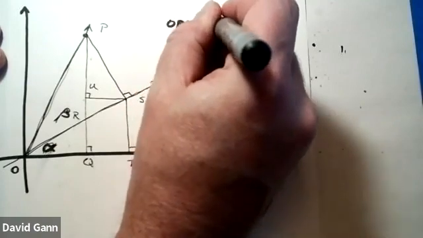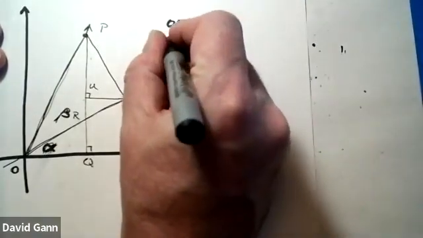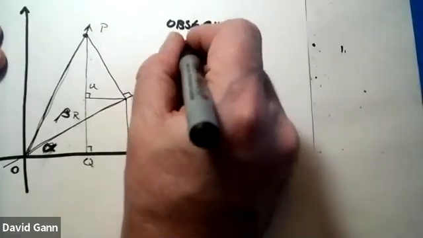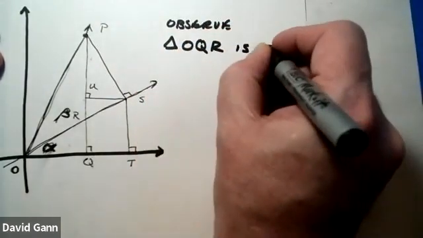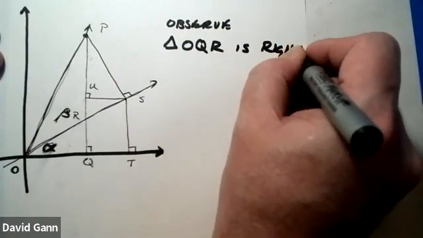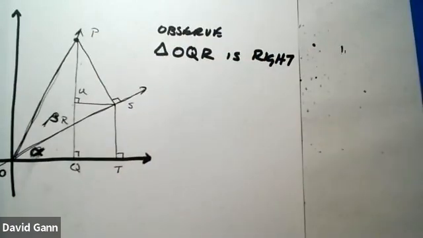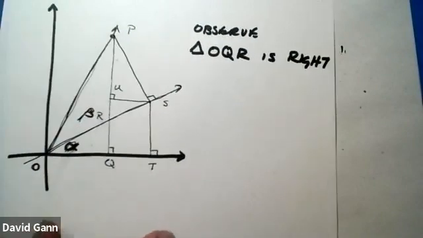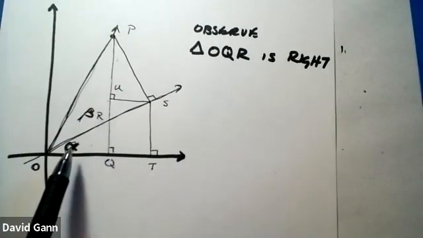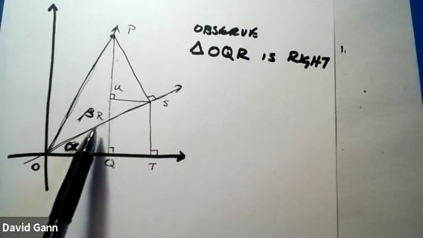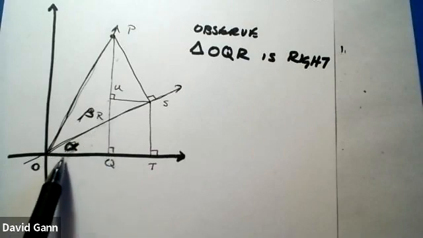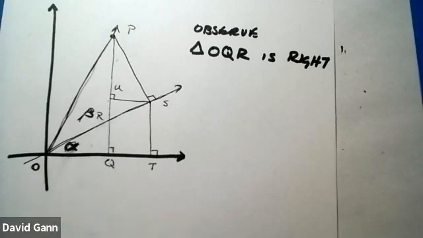Observe, triangle OQR is right. Okay, so since that's a right triangle, that means that this angle up here, ORQ, is actually the complement of alpha.